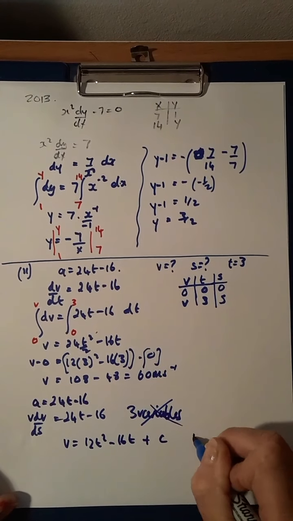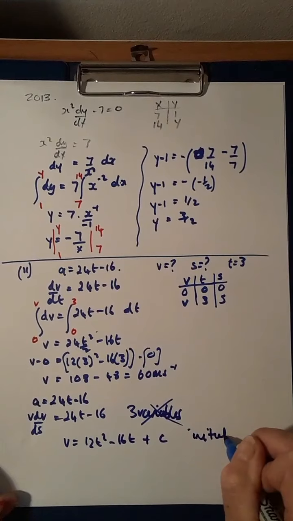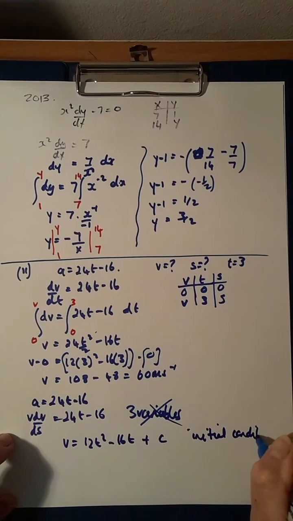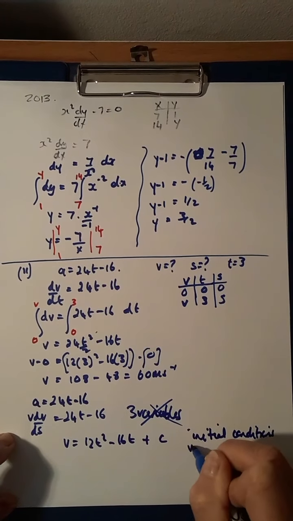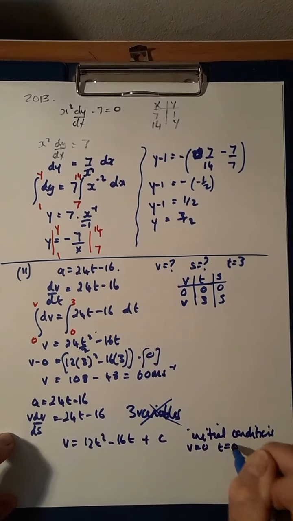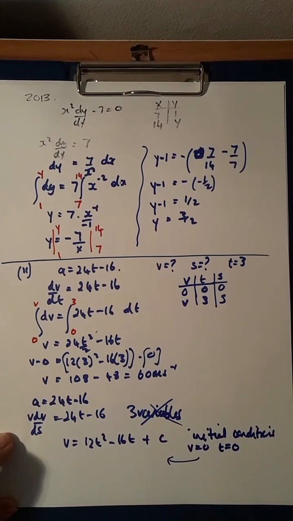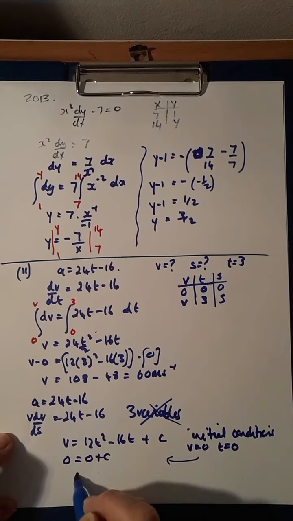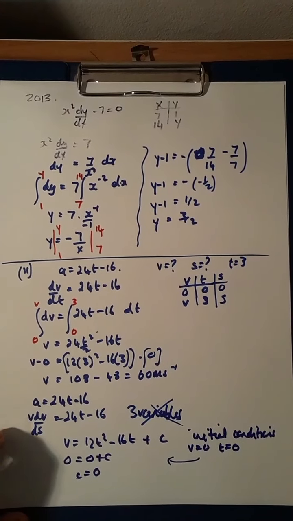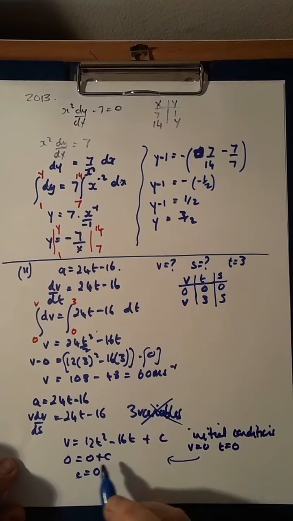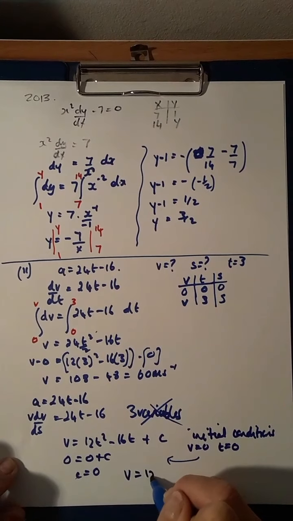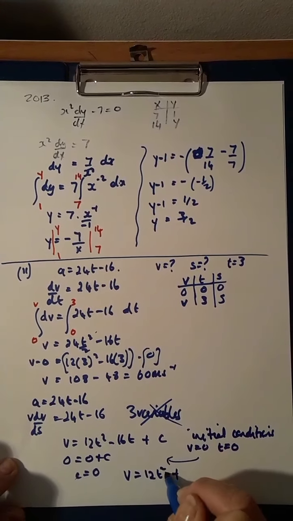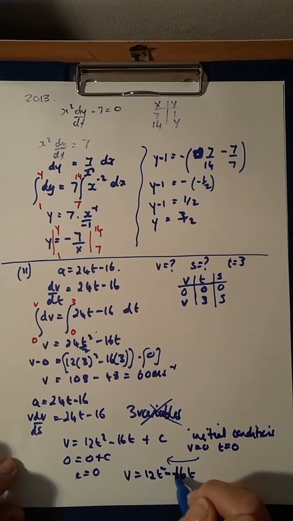So use the initial conditions to find your value of c. My initial conditions were that v was equal to 0 when t is equal to 0, so I'll put those initial conditions in here, which gives me 0 is equal to 0 plus c, so c is 0. So the equation I'm going to use is just v is equal to 12t squared minus 16t.